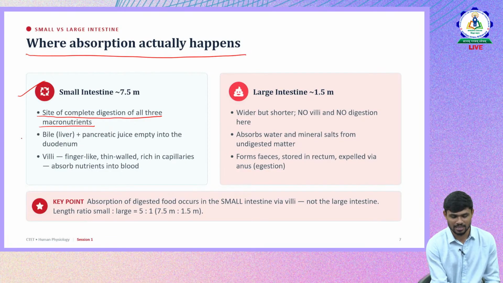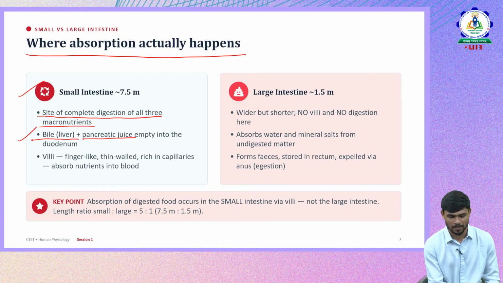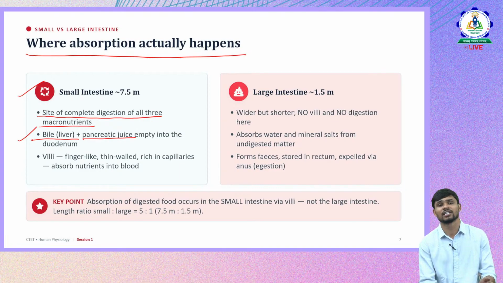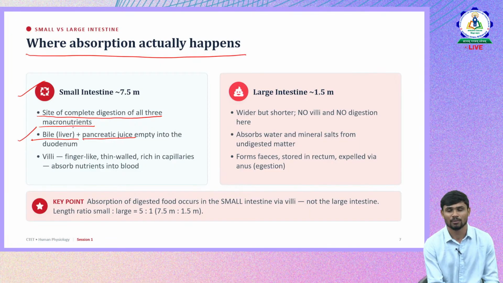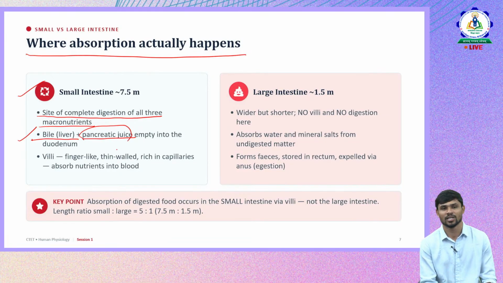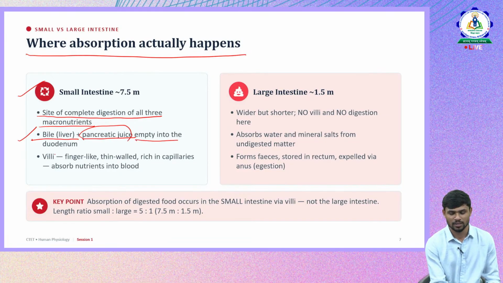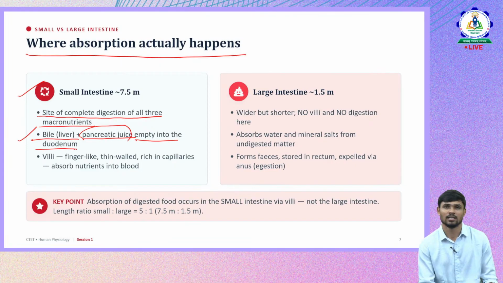It gets secretions like bile juice and pancreatic juice. These are the two main secretions released into the small intestine: bile juice from the liver and pancreatic juice from the pancreas. They will be released into the duodenum part of the small intestine.